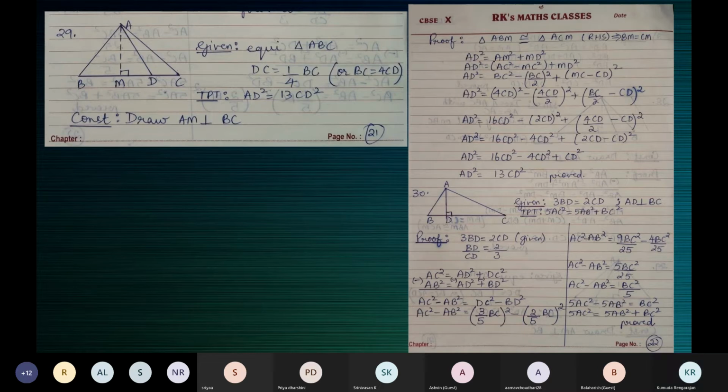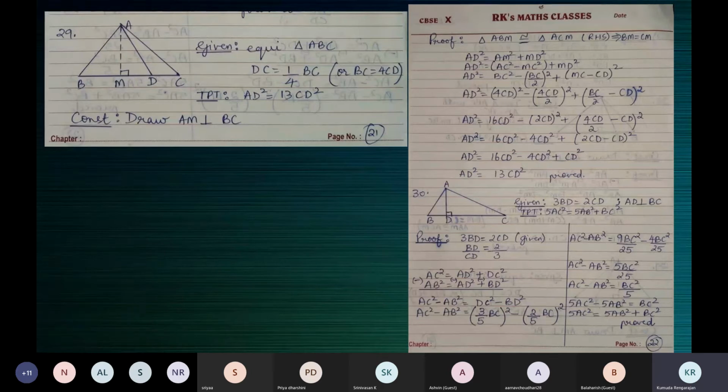So here again, it's an equilateral triangle ABC, and it's given that DC is equal to 1/4 of BC. That is, DC is BC by 4.